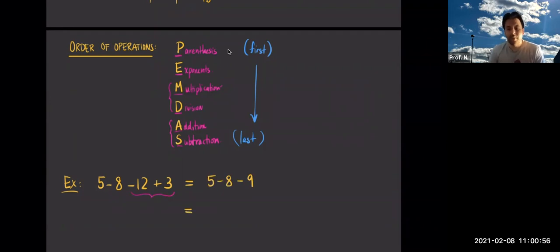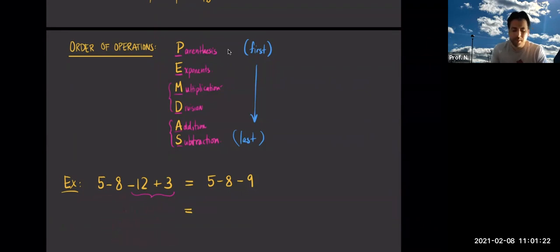Can you solve it from left to right? Yeah. So that's what I was going to say. Sometimes you can just interchange the addition and subtraction. We could have said, let's subtract first. 5 minus 8, that's -3. Minus 12 plus 3, then -3 minus 12 is -15, but plus 3 gives you -12.